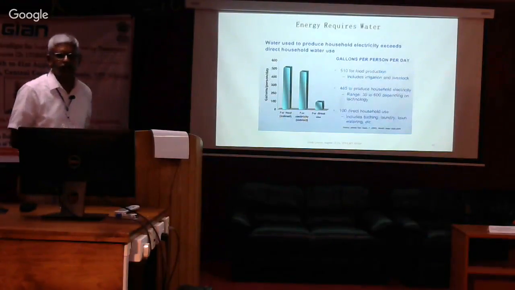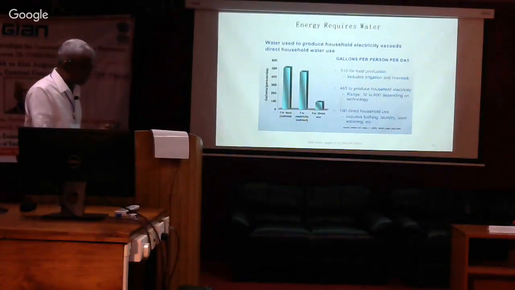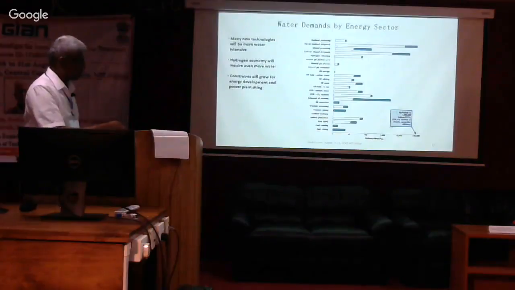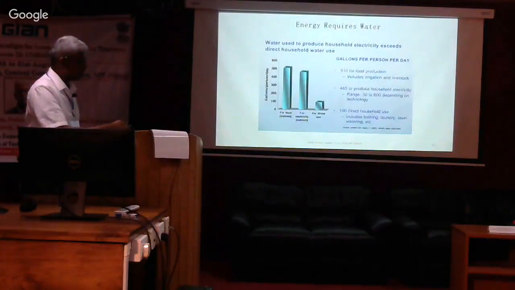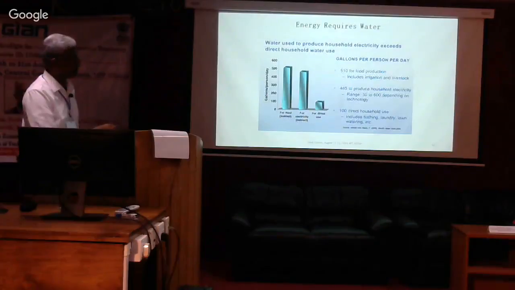Okay. So you are looking at 135 liters per person per day. But what we need to keep in mind is that much more than this is the amount of water on a per person per day basis that is needed to generate electricity, and even more to generate the food that we consume.